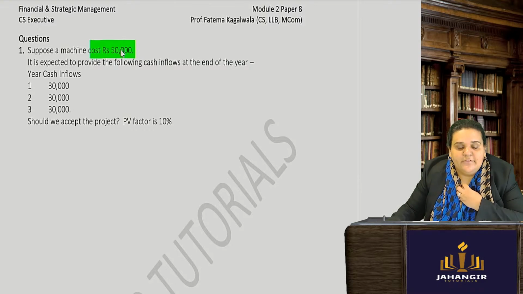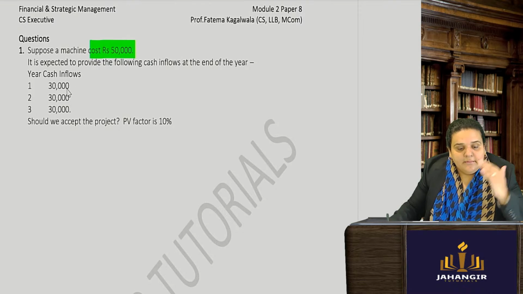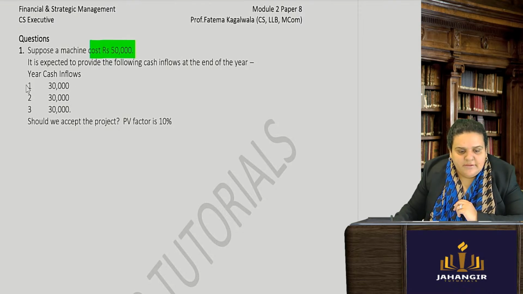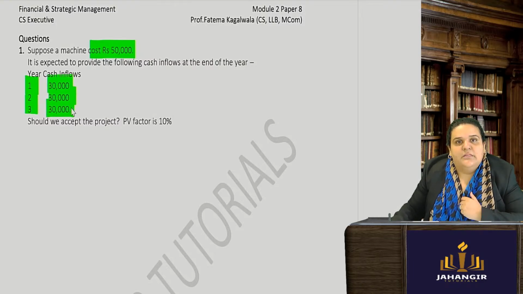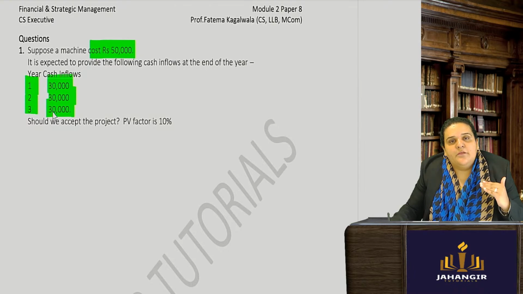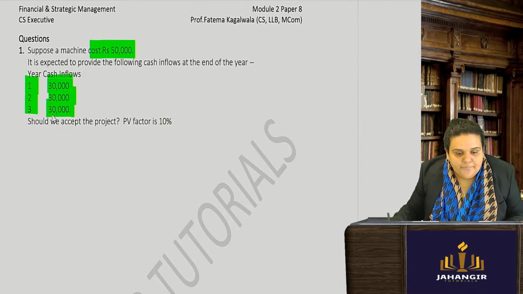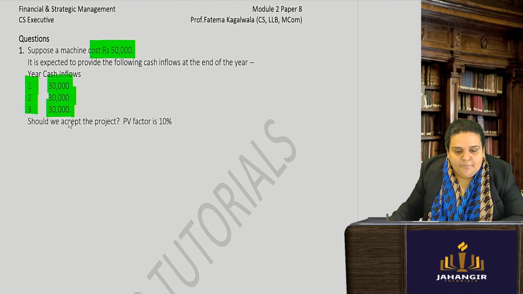Today if I invest 50,000, I have to pay. And this machine will give me an inflow of 30,000 every year for years 1, 2 and 3. That means a 3-year span. Should we accept the project?